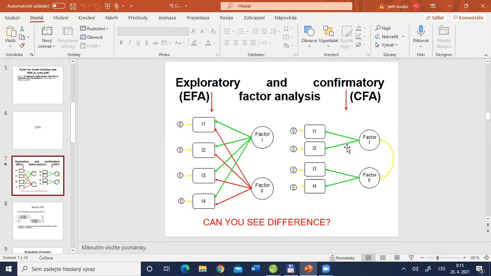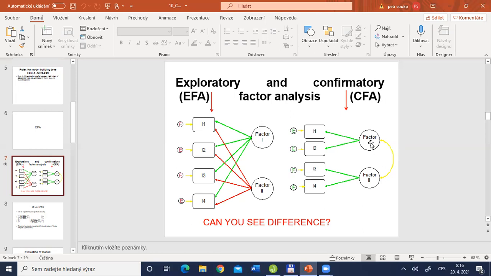So this is quite a different picture from this one, as I do not expect this relationship. We usually call this relationship cross-loading. So these loadings from the two items to the second factor, I would call cross-loading. So no cross-loadings are present here, only loadings of items onto their common factor 1 and common factor 2.